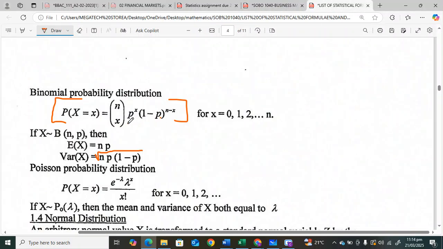Just like this here. This nx becomes n factorial over n minus x factorial.